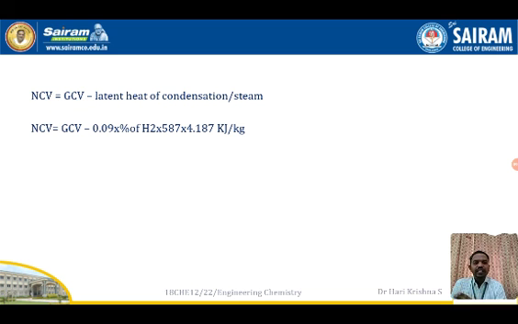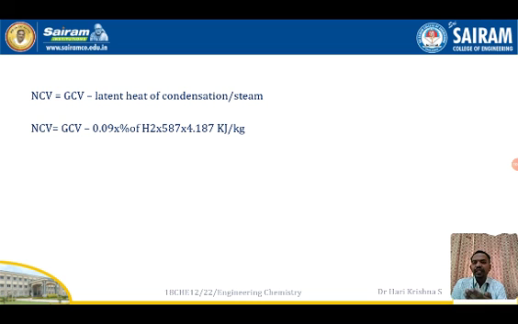So NCV equals GCV minus the latent heat of steam. What is the formula to calculate it? 0.09 into percentage of hydrogen into 587 into 4.187. What is this 587? When 1 gram of water vapor liquefies to 1 gram of liquid water, it liberates 587 calories. From where do we get water?